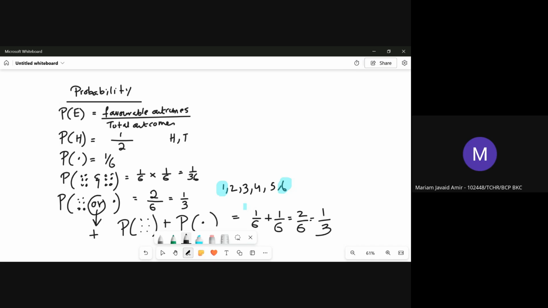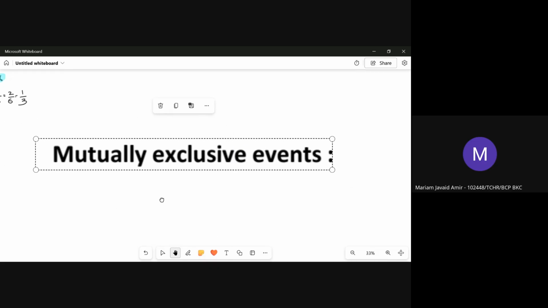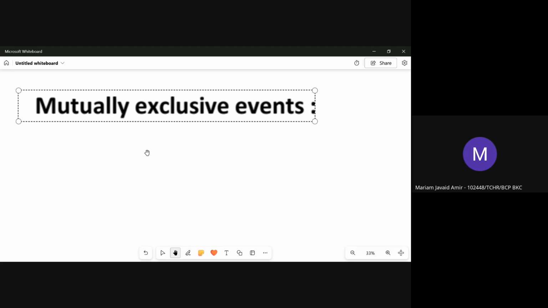Okay. So this was a quick recap of the very, very basics of probabilities from IGCSE. Now we're going to talk about mutually exclusive events. Now, what are mutually exclusive events? Events that cannot happen at the same time are called mutually exclusive events.